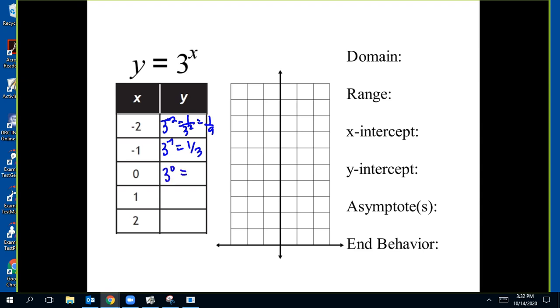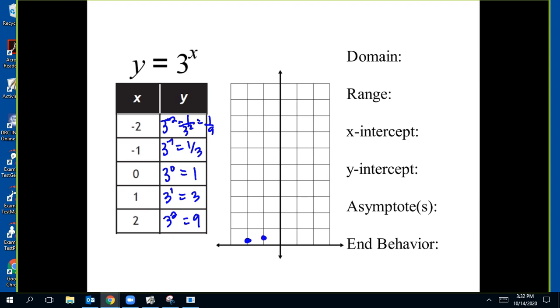3 to the 0 equals 1. Anything raised to the 0 power equals 1. 3 to the 1 is 3, and 3 to the 2 is 9. I'll plot those points. At negative 2, we have 1/9, very close to 0.